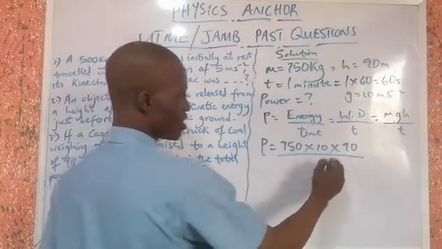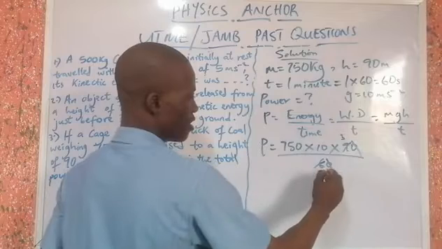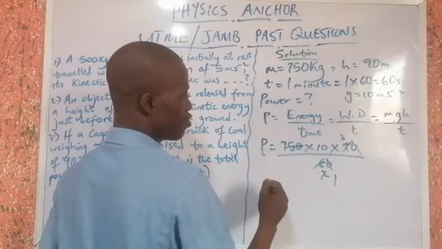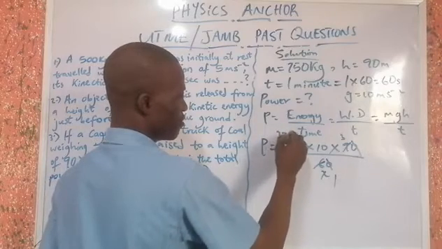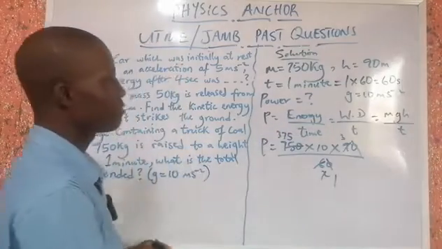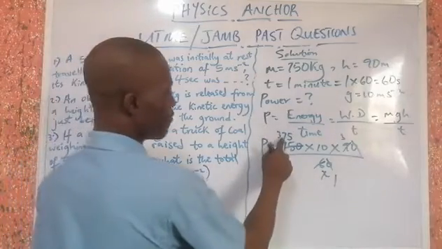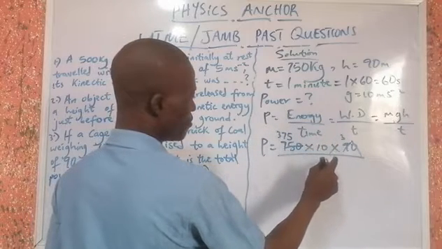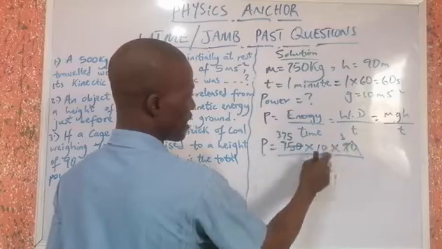So let me try to cut this without using calculator. That is 2, that is 3, that is 2 here, 1. 2 in this place will give me 375. Okay, so I can now multiply 375 times 10 times 3.